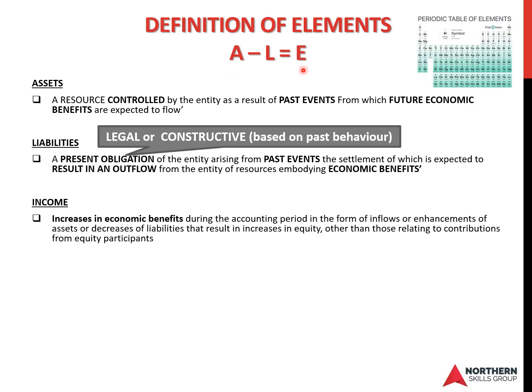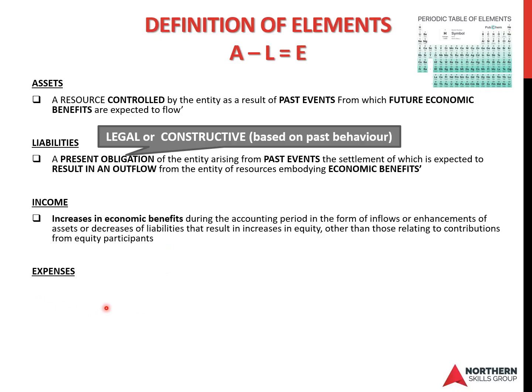And so that's treated as income. So anything that increases assets or reduces liabilities, that's going to result in an increase in the value of equity in the accounting equation, that's treated as income.